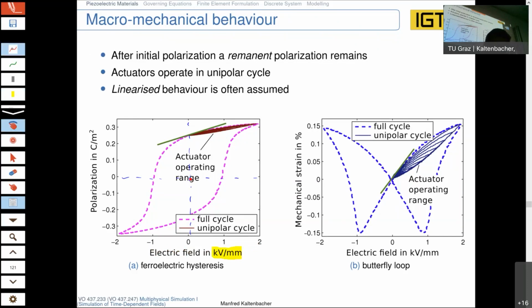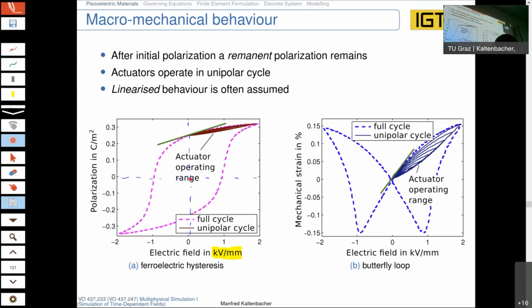Okay, now we apply this electric field, and as you see, we increase and increase it. And on this axis, the polarization in Coulomb per square meter is put on.